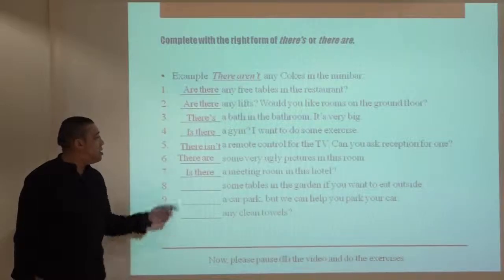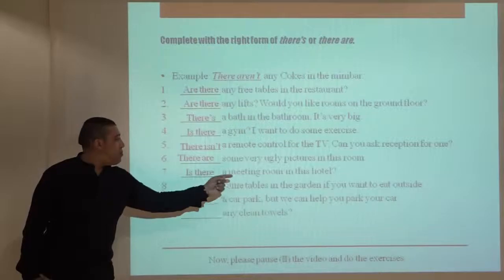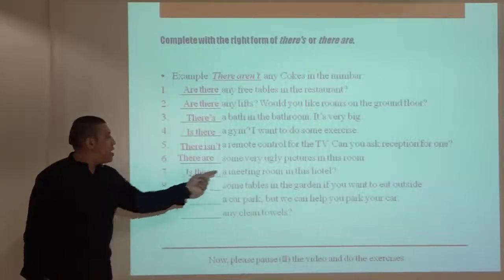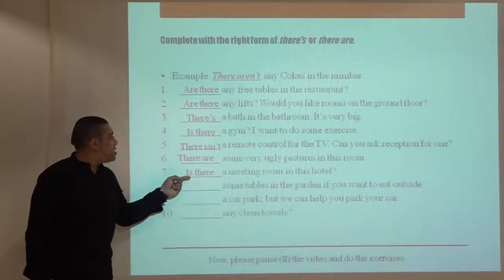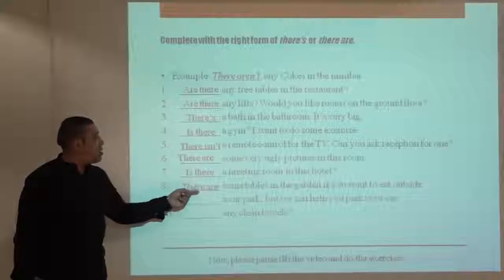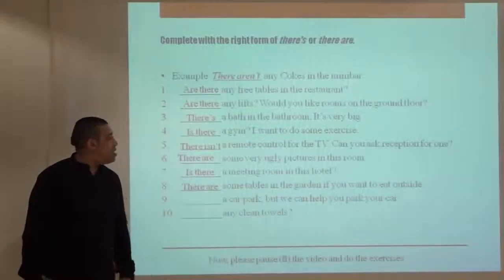Question 7, is there a meeting room in this hotel? So a meeting room in singular form, and it's a question, so we say is there. Next, there are some tables in the garden if you want to eat outside.